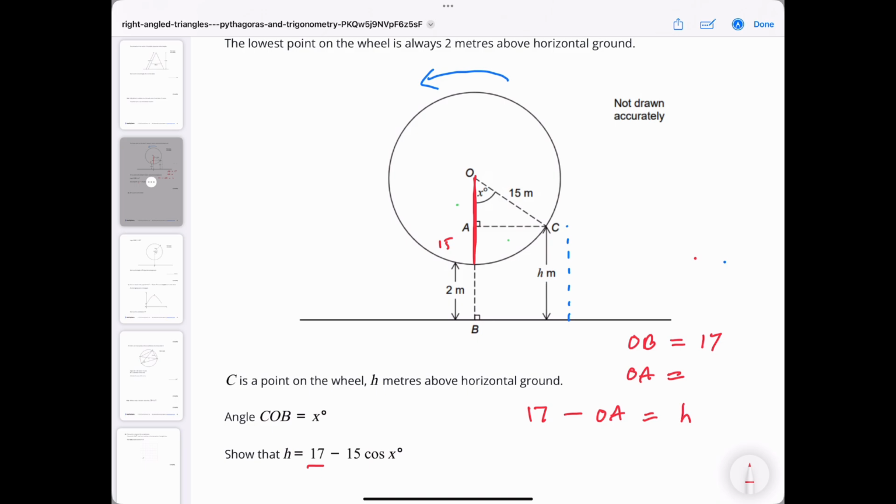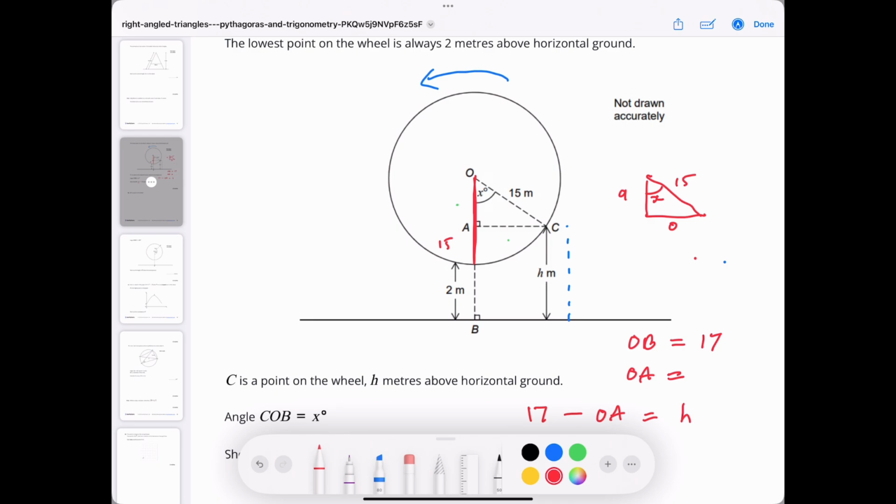To find out what OA is, we do X, 15, and then this is A, which is a relief given what we're about to do. This is O. I'm just going to redraw this bit here.